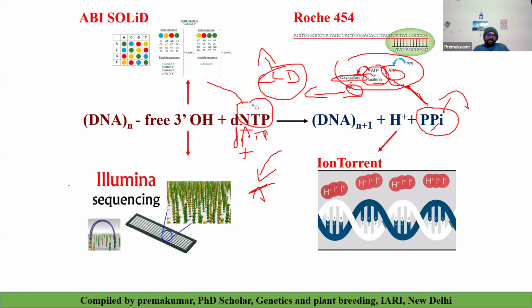Like this, you keep on adding the bases, and based on the pyrophosphate release, light will be emitted and detected by CCD cameras. Then we can say a particular base is there in the nucleotide chain. Based on that, we will deduce the sequence. That is called the pyrosequencing method.